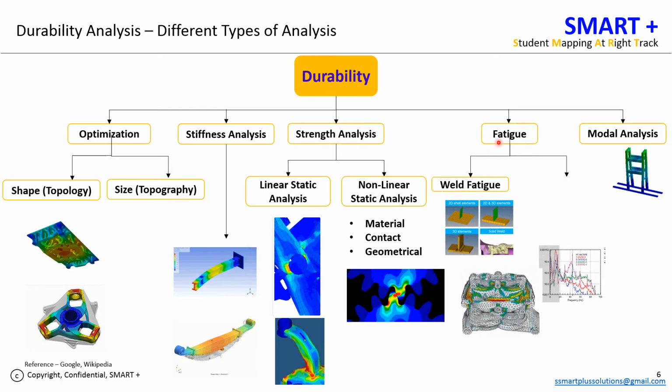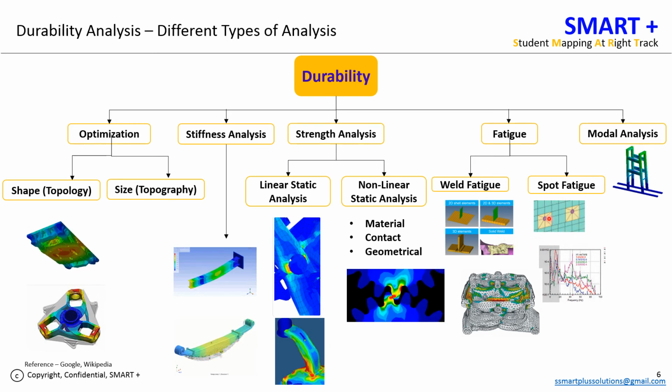Then fatigue is the highest level of analysis in the durability domain. In fatigue, there are weld fatigue and spot fatigue. Weld failure is predicted using weld fatigue techniques, and spot failure of a component is analyzed using spot fatigue techniques.